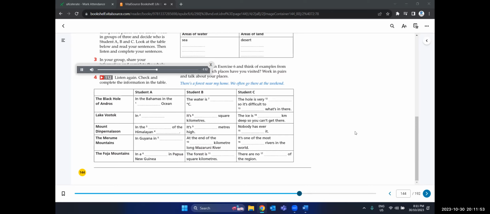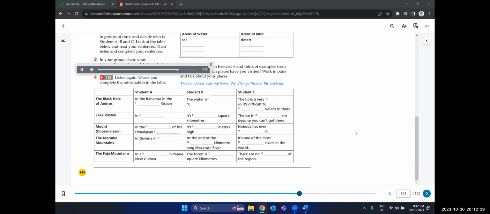If you're a climber, there are lots of mountains in the world that nobody has climbed yet. For example, there's Mount Dimpanalasan in the east of the Himalayan mountains. It's 6,135 meters high. Or you could explore the Merimee Mountains in Guyana in South America. But they are at the end of the 500-kilometer-long Matsuruni River.